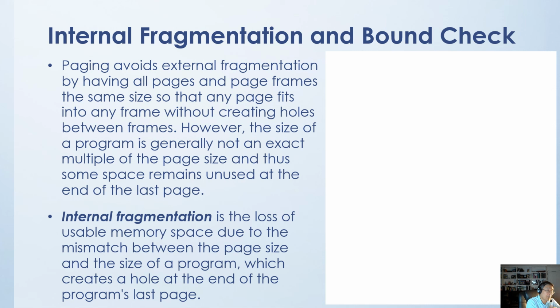If the process actually takes four pages, all I need to do is find 4 frames in the physical memory. And those 4 frames don't have to be in the same location. They could be scattered all over the place. So I just map each of these pages to a different frame in a different location. Now the operating system just needs to keep the page table, to make sure which page maps to which frame.